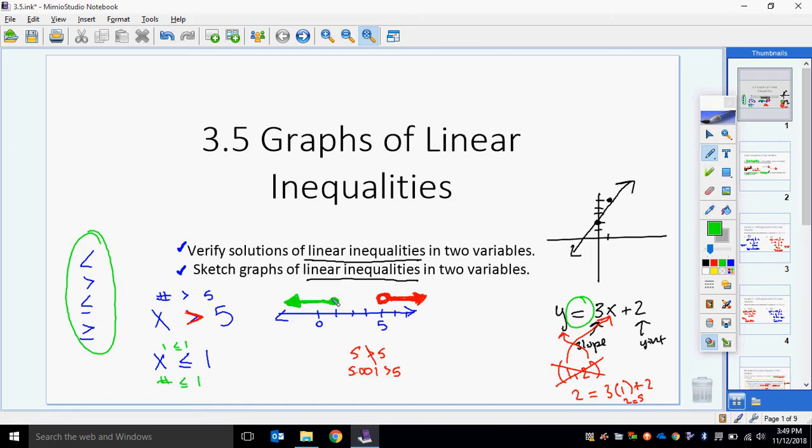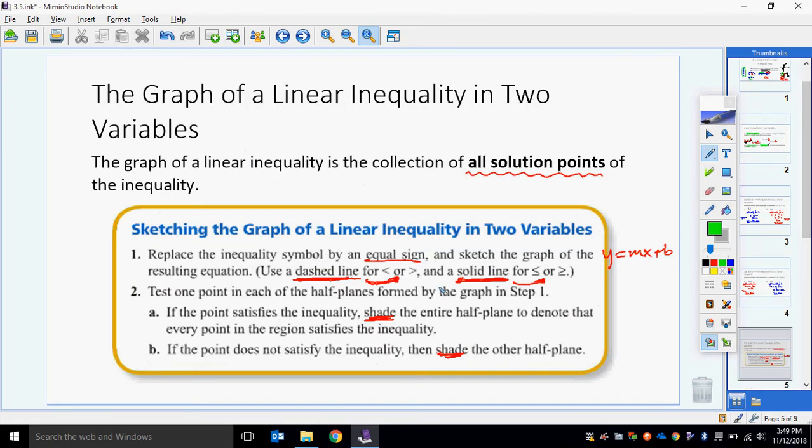Those were shading you to show you there's more than one number that's greater than 5. There's a lot of numbers greater than 5, and they're all over here off to the right. So I'm going to shade in that direction, because 6 is a solution, 7 is a solution, 8, 9, 10. That's a lot of solutions. That's an infinite amount. So same thing with a linear inequality. We're going to have a lot of solution points, so we need to shade.